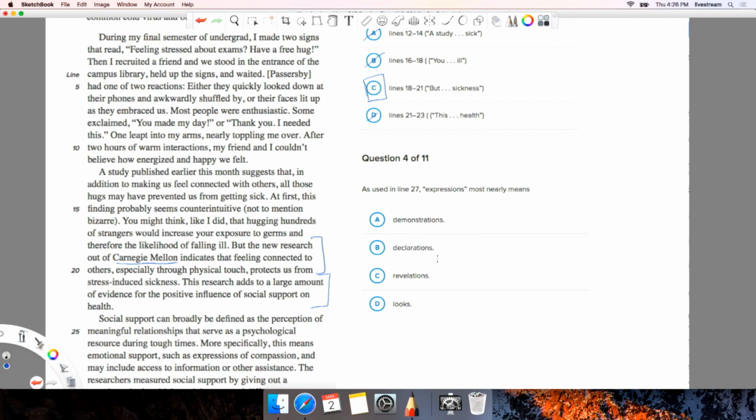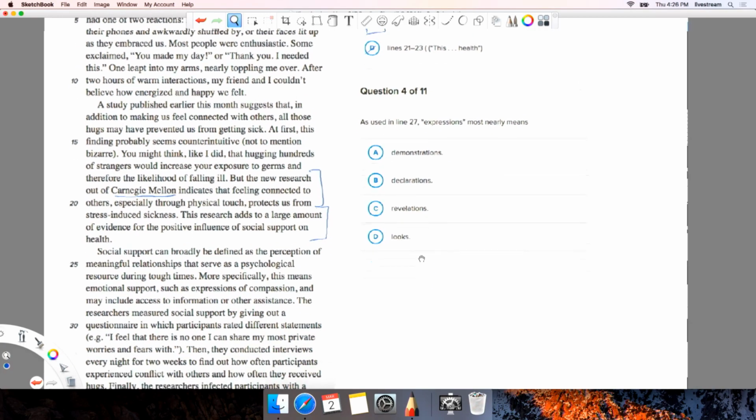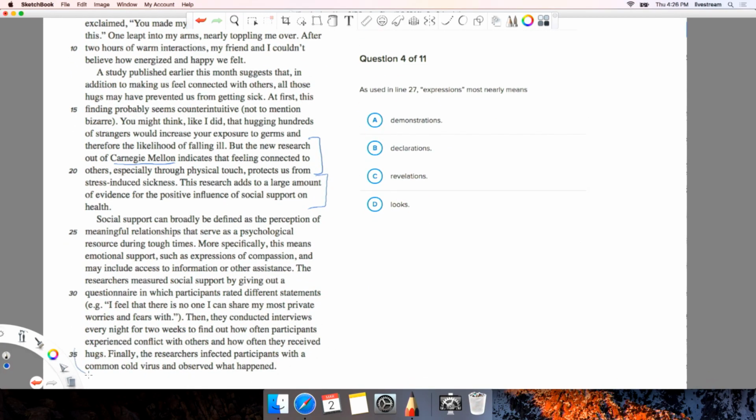So let's take a look at the next paragraph here. So it looks like we're looking here now, from here to here. So social support can broadly be defined as the perception of meaningful relationships that serve as a psychological resource during tough times. More specifically, this means emotional support such as expressions of compassion and may include access to information or other assistance.